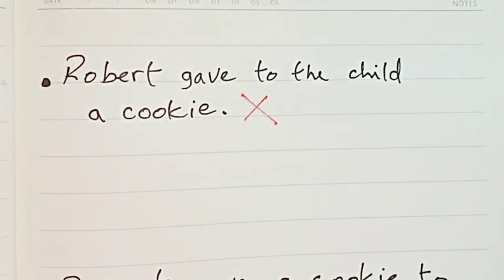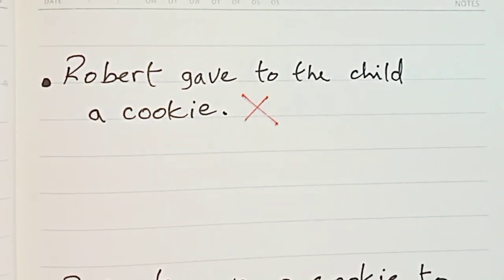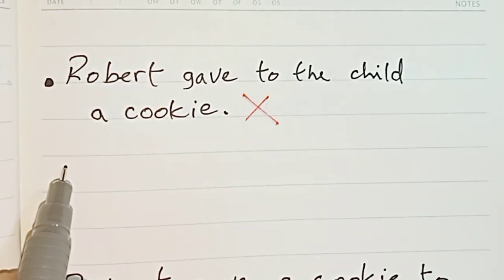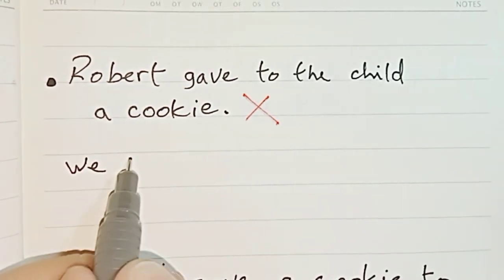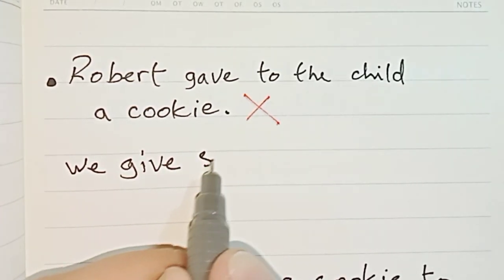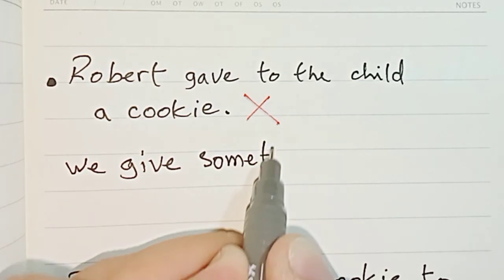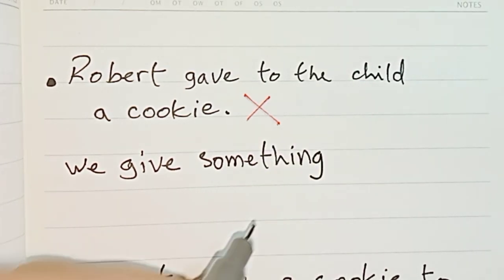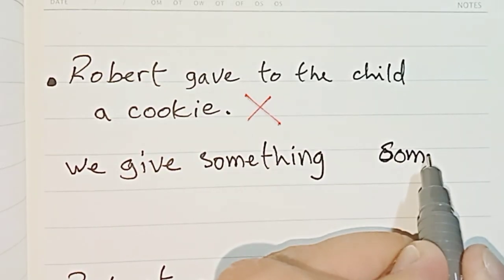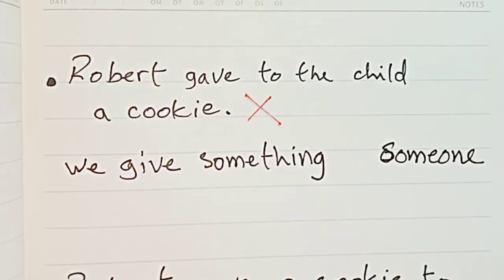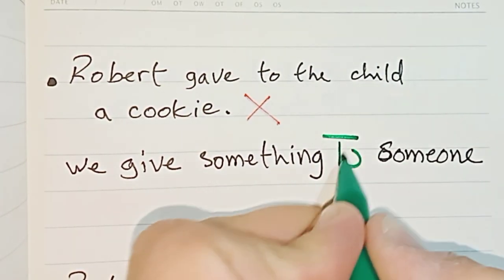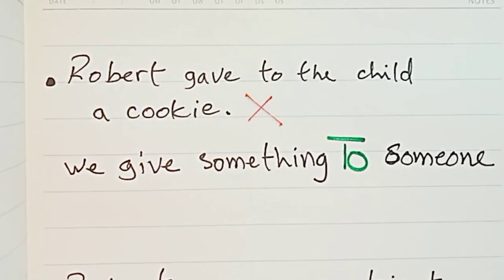It's wrong because the pattern should be we give something to someone. I want you to focus on this. 2. We give something to someone.